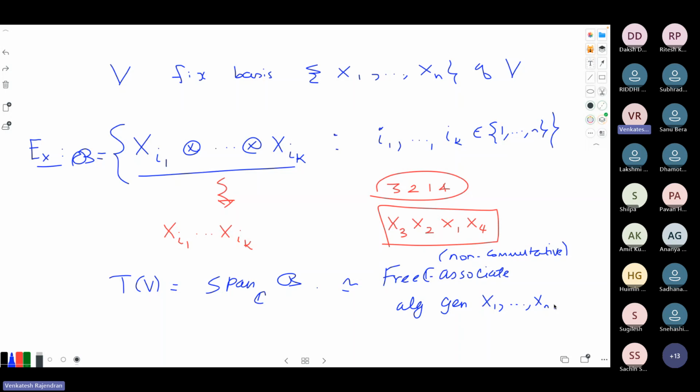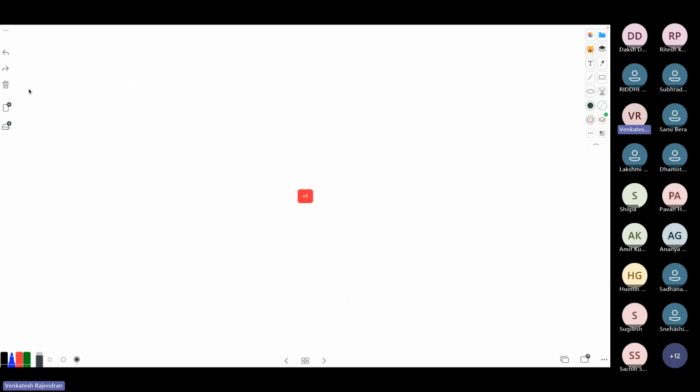Now let us write down the universal property of this tensor product. If you look at this tensor product, which is freely generated by the xi's over the complex numbers, it is easy to see that it has the following universal property, which again I will leave as an exercise.